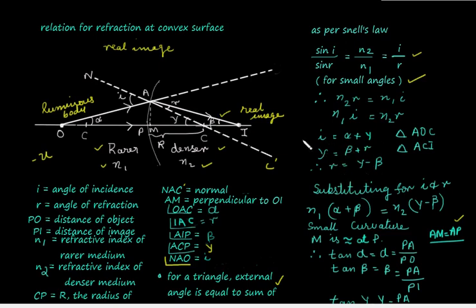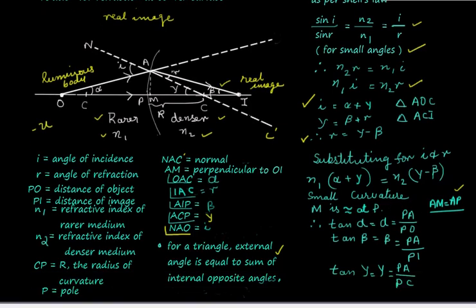So you have an expression for I and an expression for R. Substituting for I and R, we can rewrite this equation as N1 times alpha plus gamma is equal to N2 times gamma minus beta. For small curvatures, instead of AM we will take AP.